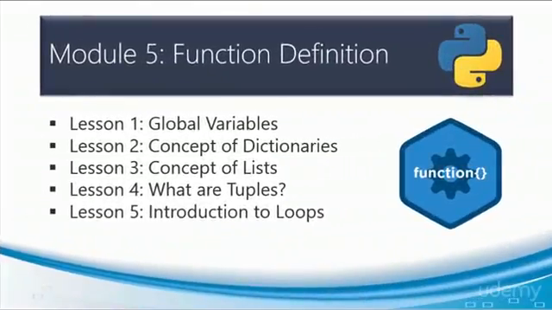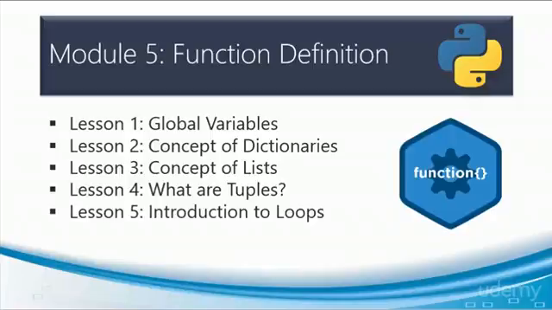Module 5 is function definition. This has 5 lessons. First is global variables: how to define them, what they are and what they do. Lesson 2 is the concept of dictionaries, and lesson 3 is the concept of lists. Again, you define a certain set of values and then use those values in code.